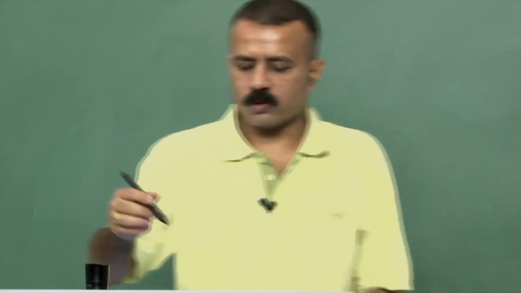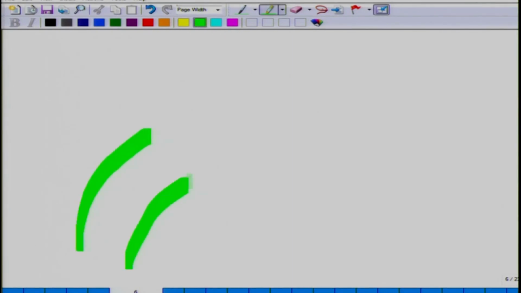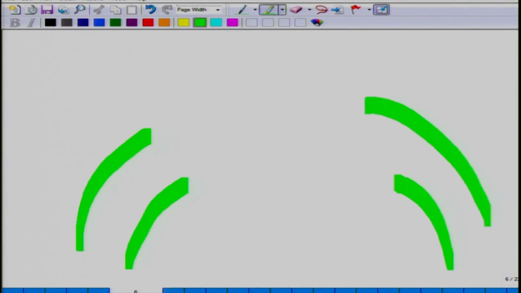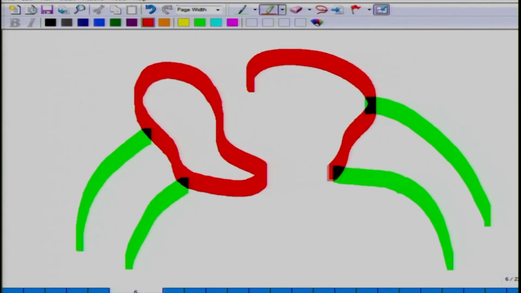In the same way, if I had to explain the potassium channel, it is fairly similar. It is just that everything gets reversed. If this is your membrane like this, then you have the potassium channel sitting like this. Okay.